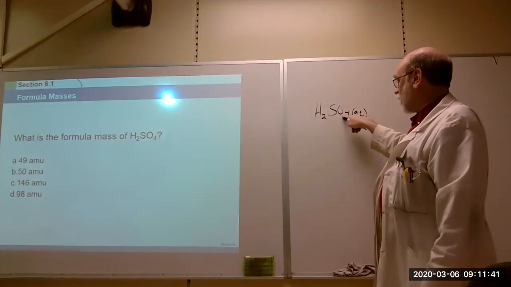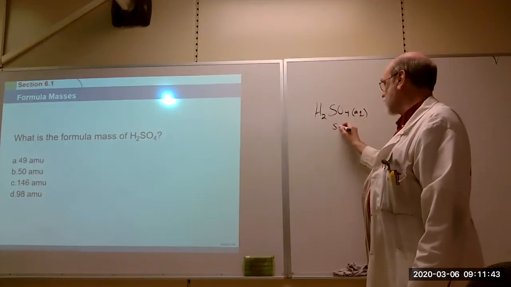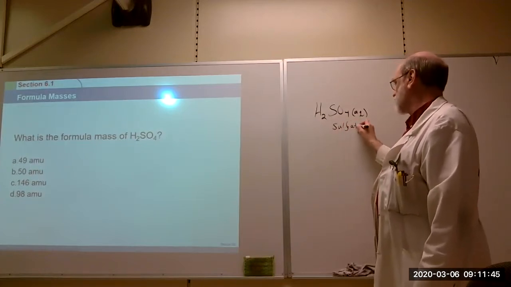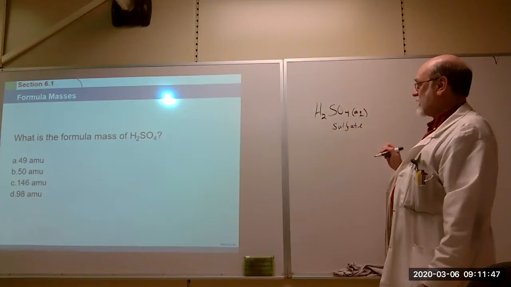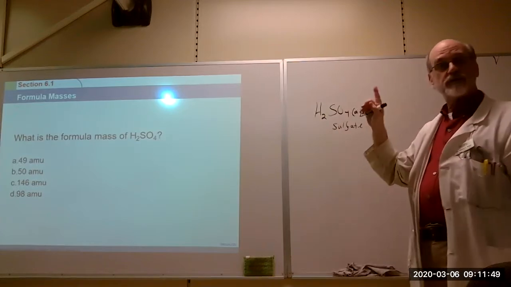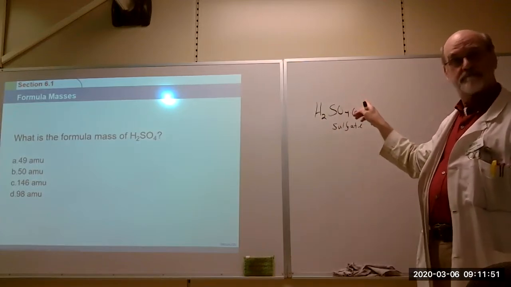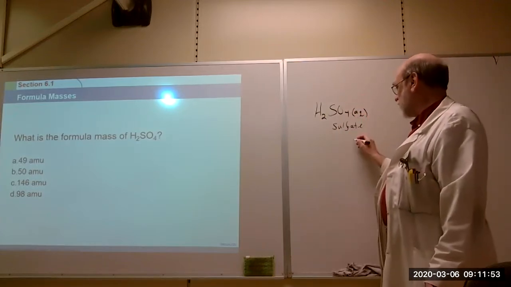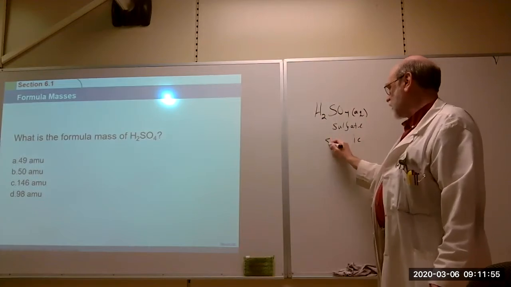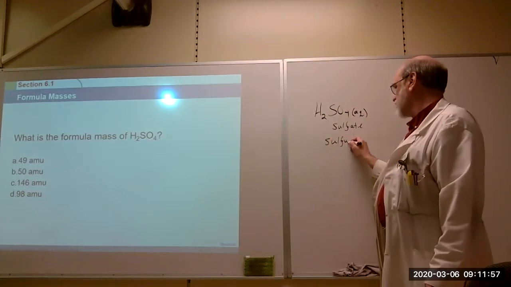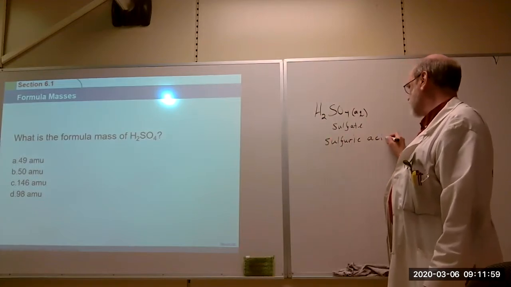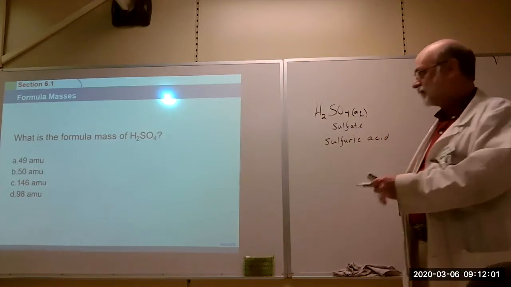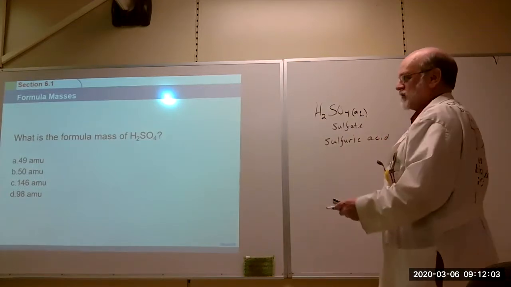So we need to know what this is, which is sulfate. And then since it has oxygen in it, we don't say hydro, remember? So H becomes -ic, and we say sulfuric acid. Okay. But that's not the question.